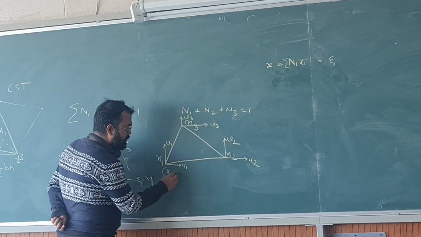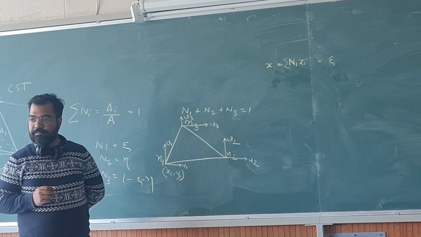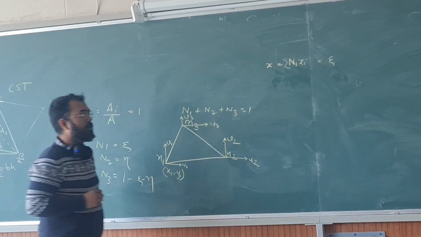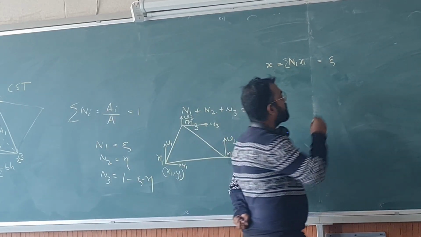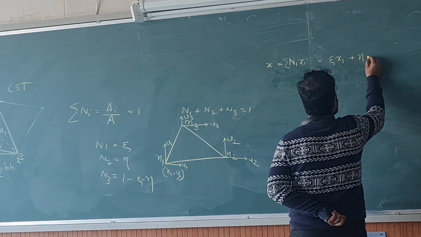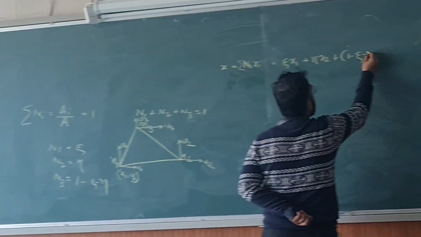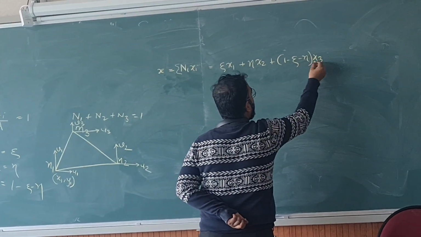Let us say this point is x1 y1, and x2 y2 and x3 y3. So this will be epsilon into x1 plus eta into x2 plus 1 minus epsilon minus eta into x3.